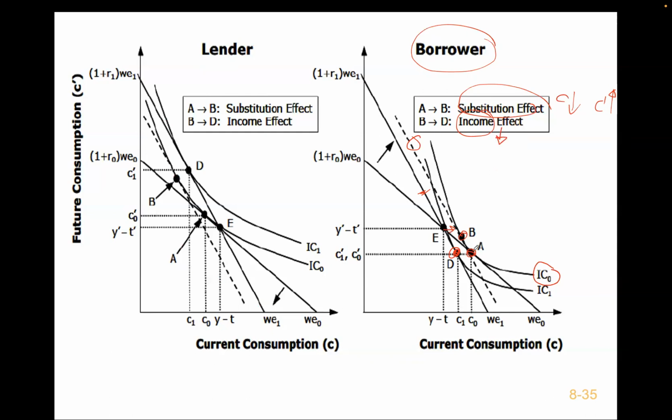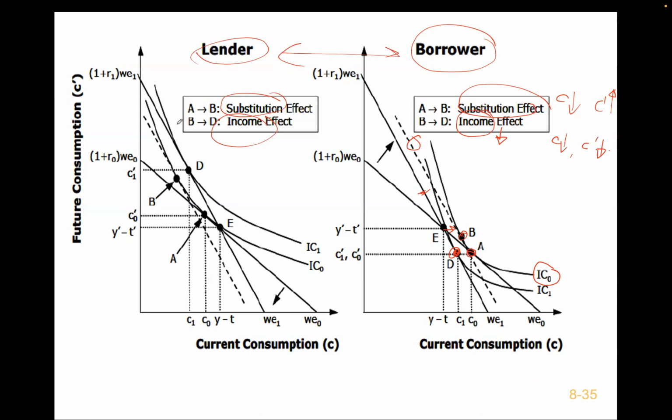Look here, from B to D, you can see both C and C prime are going to decrease because there's a negative income effect for the borrower. To summarize, in this graph, we studied how we decompose the substitution effect and the income effect. This is number one. Number two, we also separate lender versus borrower.